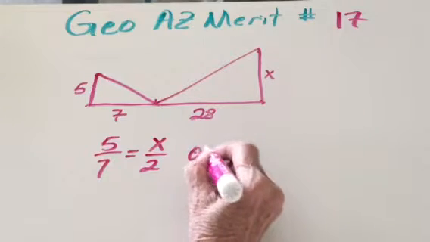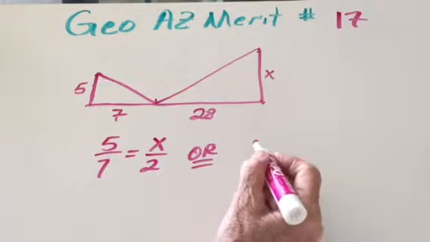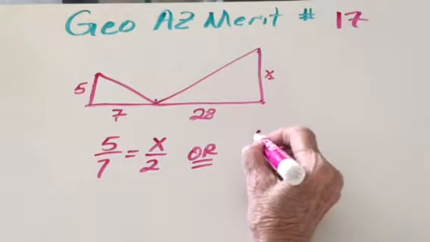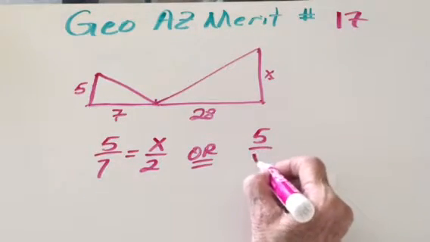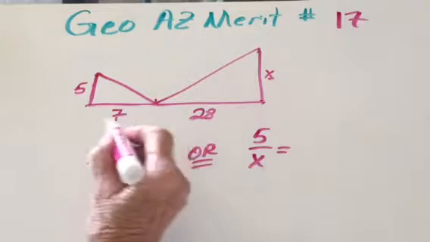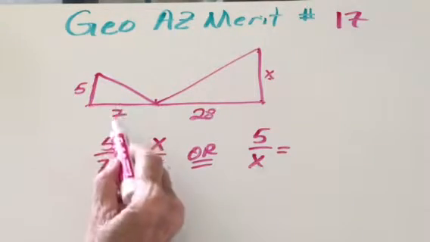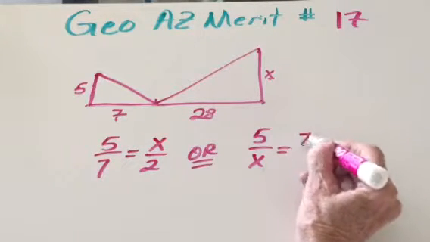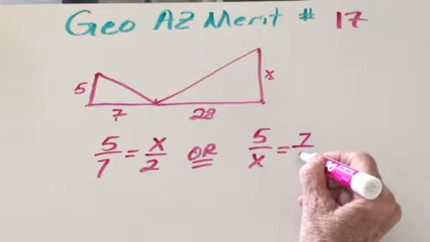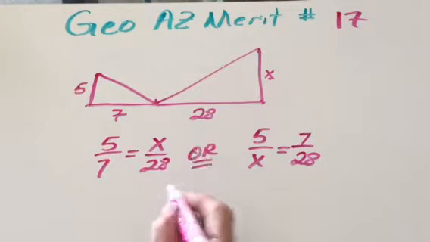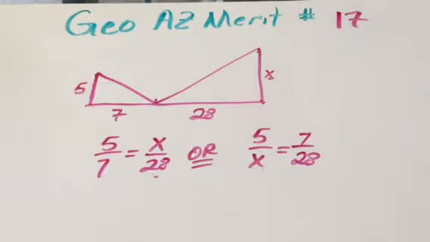Or, watch this, I could have said 5 is to x as, now I can't say 28 is to 7, I have to say 7. I started with a 5, now I have to start with a 7. As 7 is to 28. That should have been a 28, guys.